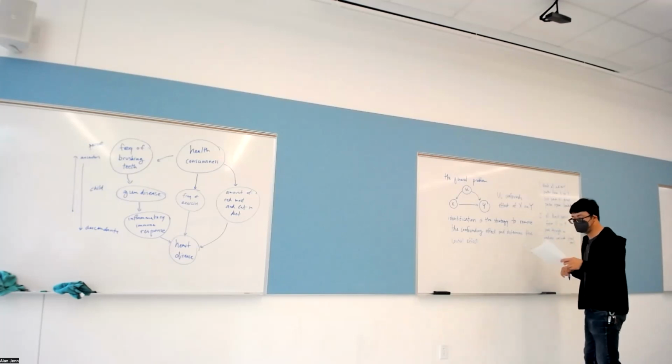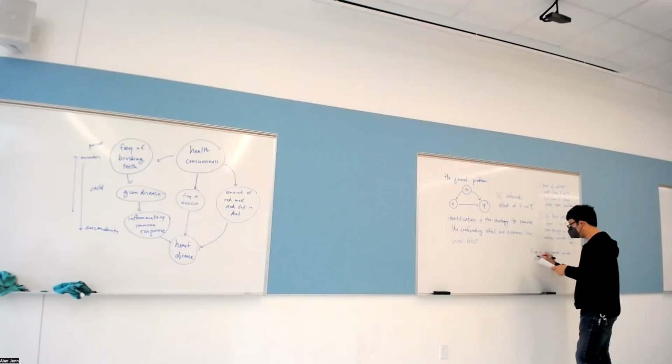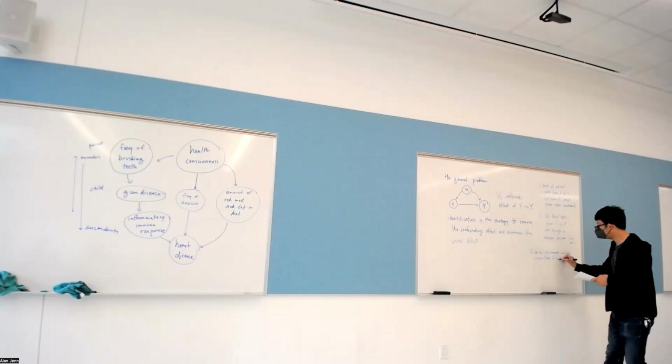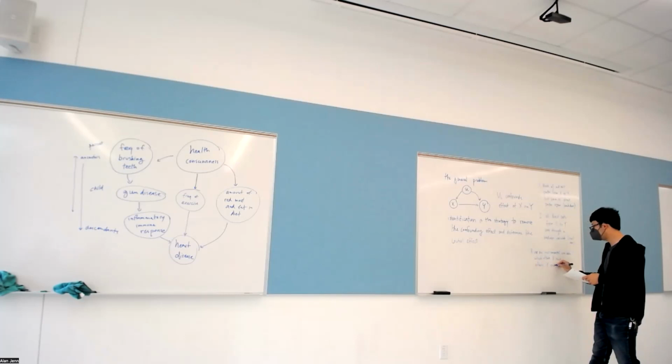And three, and by far the most common, is to use an instrumental variable, which affects X and affects Y only through X.